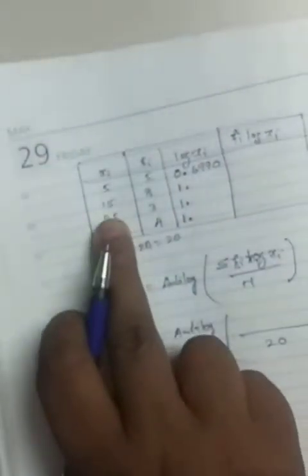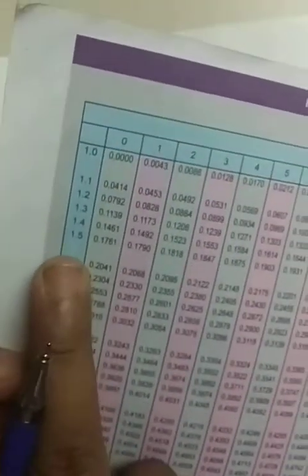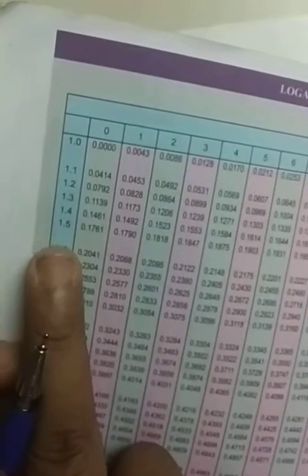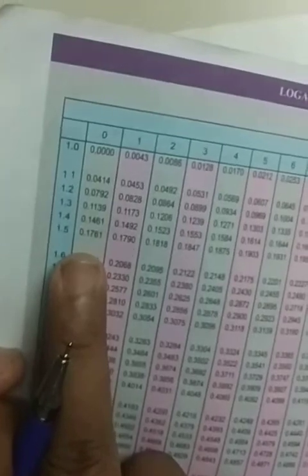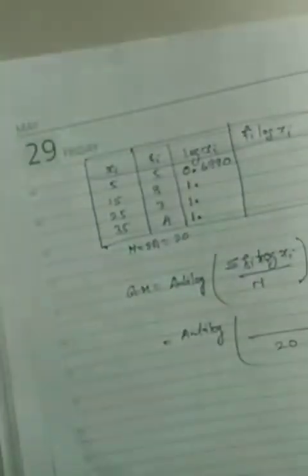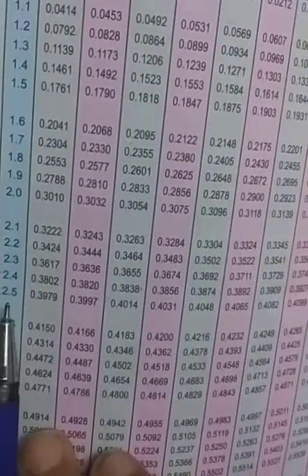Next is 1.5. Where is 1.5? You can see it, leave the point. It is 0.1761. So I will write 1761. Next we have 2.5.